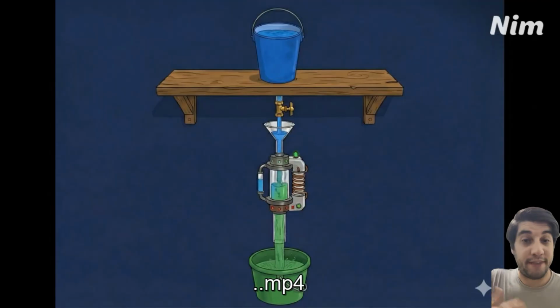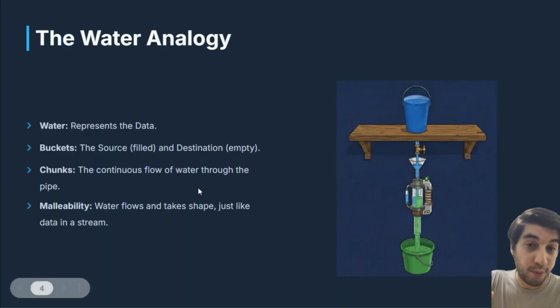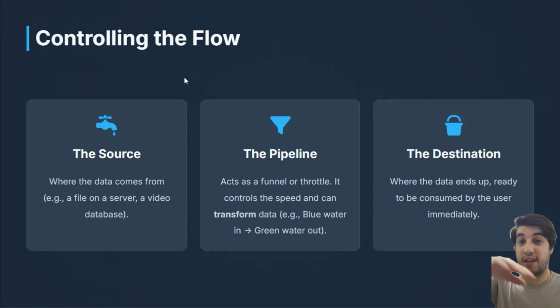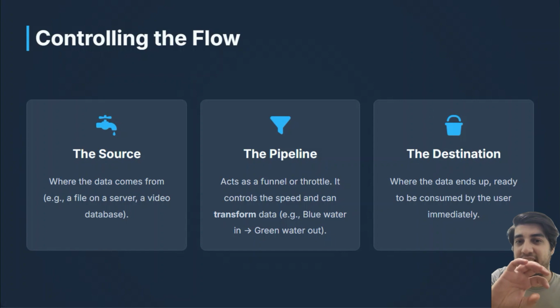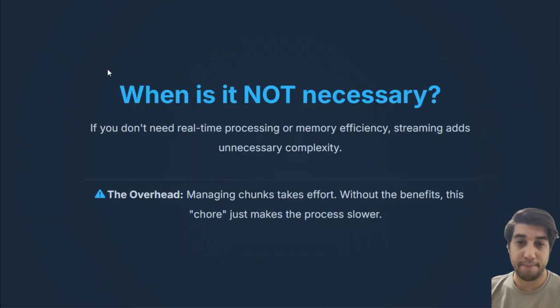Maybe it's a video where the blue liquid means the highest quality, and you are going to transform the quality because the user wants the most basic quality of the video. Maybe we're watching on a small screen, right? So there are many use cases for transforming and manipulating the data.